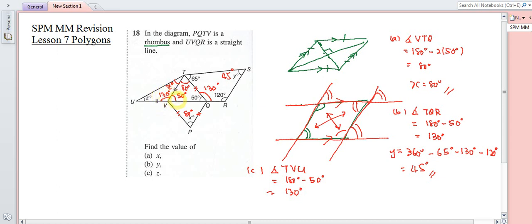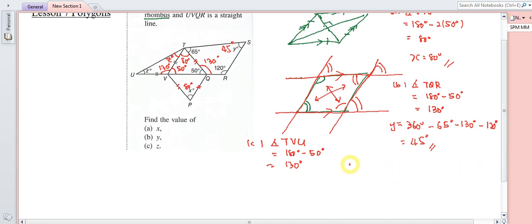Okay, so how to get z? Triangle, the sum of the interior angles for a triangle will be 180, right? So we know that 2z plus 130 will be equal to 180. 2z will be equal to 180 minus 130, you will get 50. And z will be equal to 50 divided by 2, you get 25.